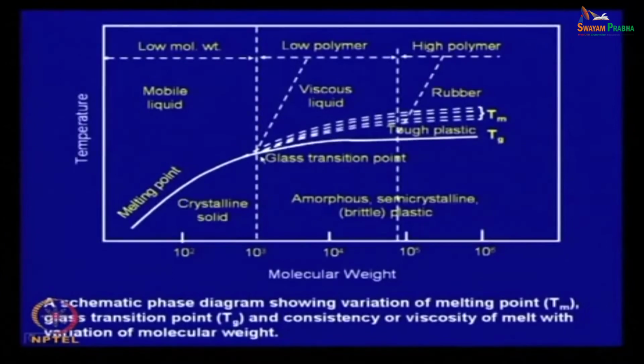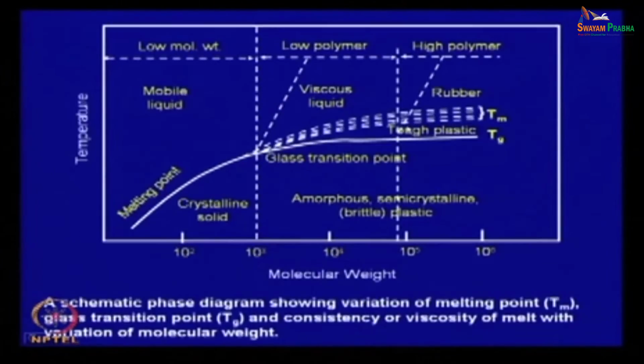So, toughness depends on the mobility of the segments, deformation of the segments, deformation of the polymer chains. Here you see this is Tg; below Tg it is brittle for amorphous material, above Tg it is a little flexible.